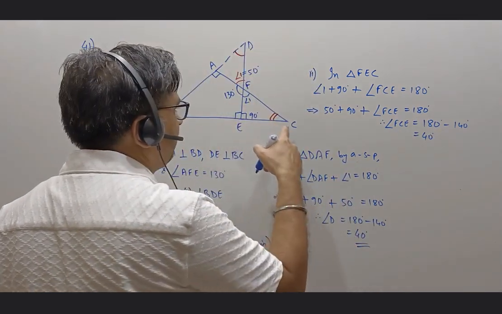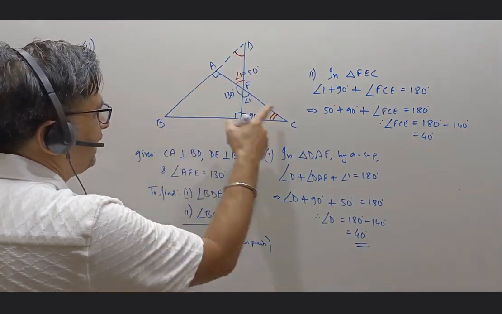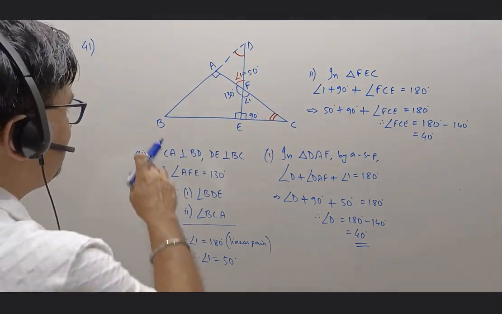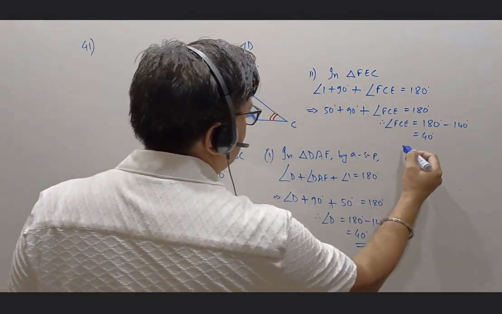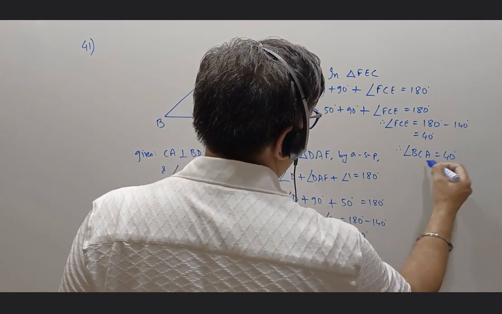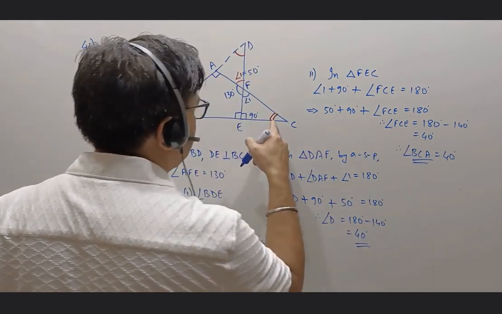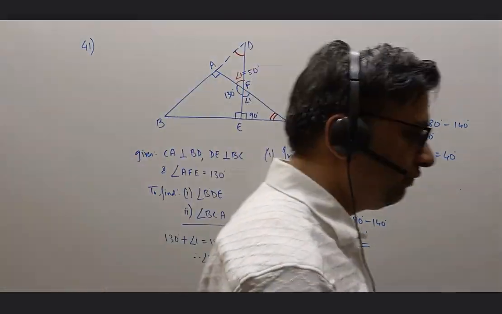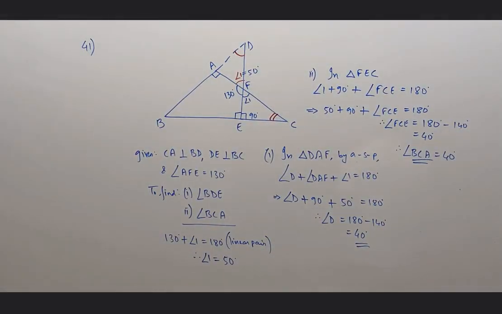Now this is also angle ACB or BCA, therefore angle BCA is equal to 40 degrees. You'll see that angle BCA and FCE are the same angle. So this way you can find the value of angle BCA.